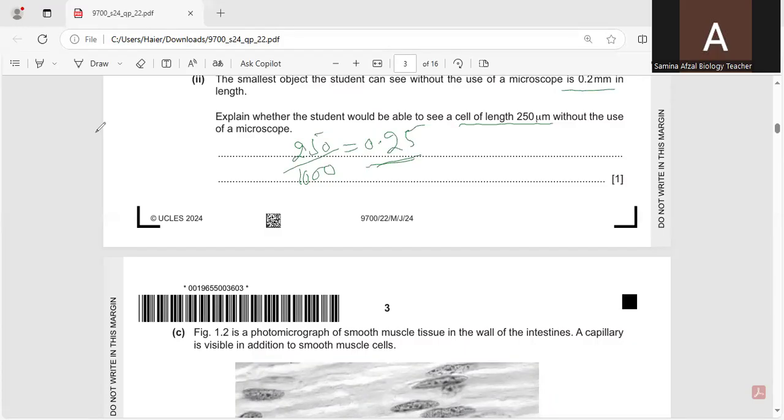It means if we can see objects of 0.2 millimeter, then objects of 0.25 millimeter can also be seen. They are a little bit larger than 0.2 millimeter. So the answer is yes.